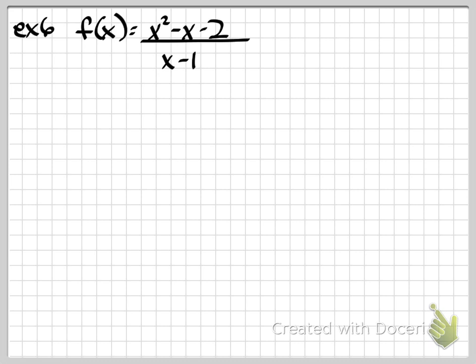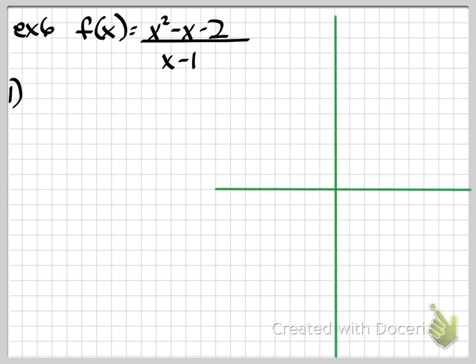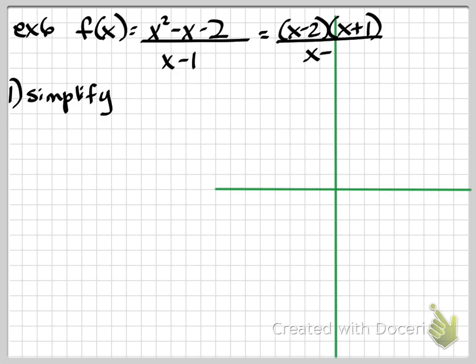So we're going to do a big sketch using the steps. The first step says simplify if possible by factoring. The numerator does factor: (x minus 2)(x plus 1) over (x minus 1). And nothing cancels out. So that's our factored function.